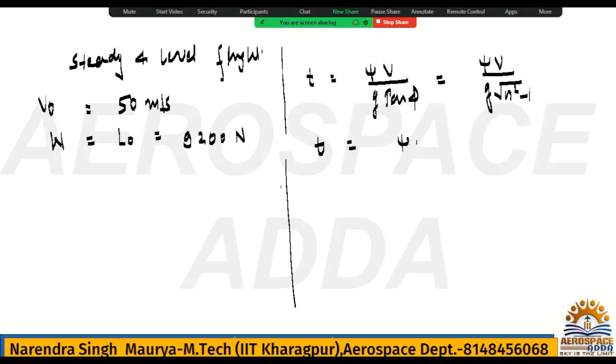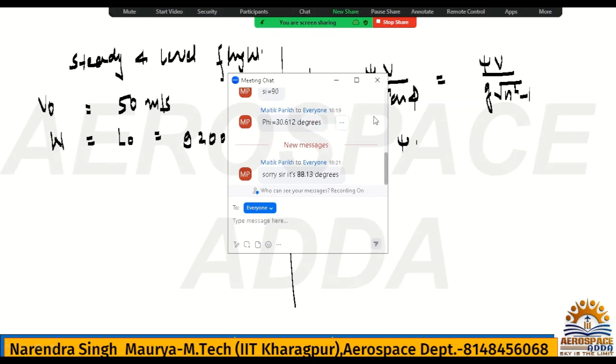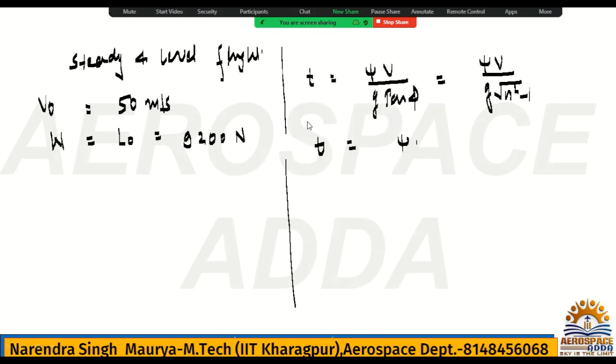But here in the problem, they have given velocity at steady state level. Yes or no? Right. So what you will do, you can write the relation for the velocity in terms of load factor. What is the velocity relation? You can check v upon v naught squared is equal to what?